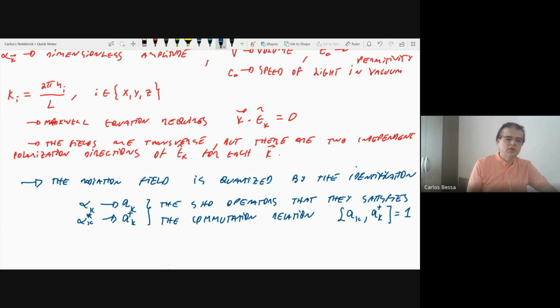So in this way, the quantized field E of r, t will have this expression: the sum over k of E_k epsilon_k, and instead of alpha, we'll have a_k, times exponential of i(k·r − ω_k t), plus the hermitian conjugate.